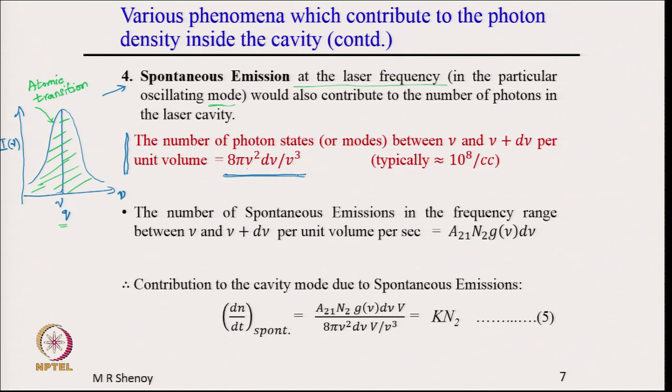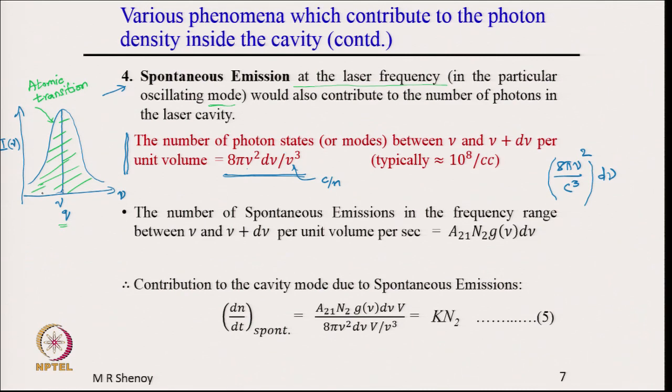If you remember, at the beginning when we discussed Planck's law, we had written that the number of states is 8 pi nu square by c cube, where c is the velocity. So, the number of modes between nu and nu plus d nu is 8 pi nu square into d nu by v cube.